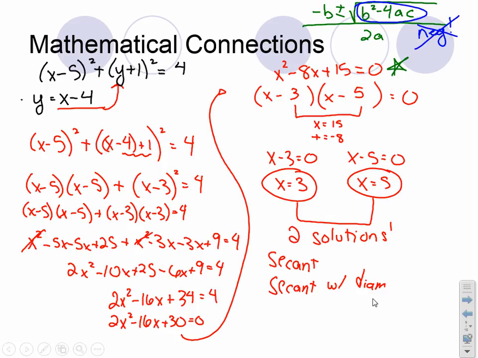So basically, if you cannot factor and the quadratic formula does not work, you get an error and you do not get an answer, then what you're saying is you have a circle and a line and they do not touch. So that would be neither. And then the secant, make sure you get the two solutions.